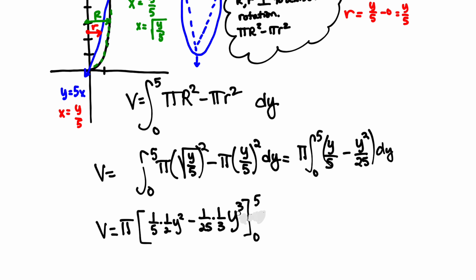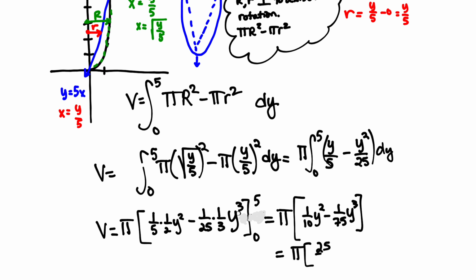So that's pi times 1/10 y squared minus 1/75 y cubed, which gives me pi times 25 over 10 minus 125 over 75.